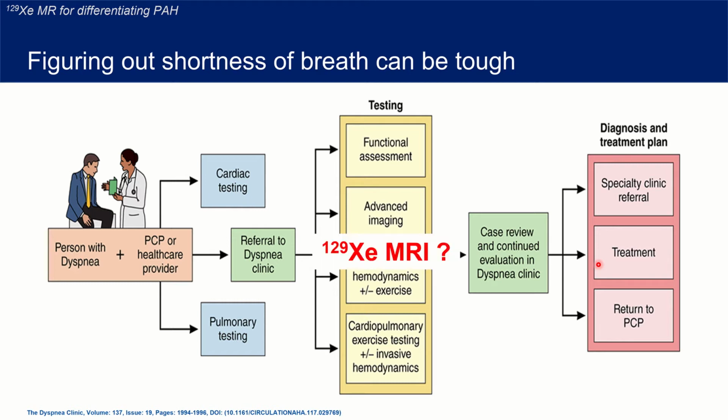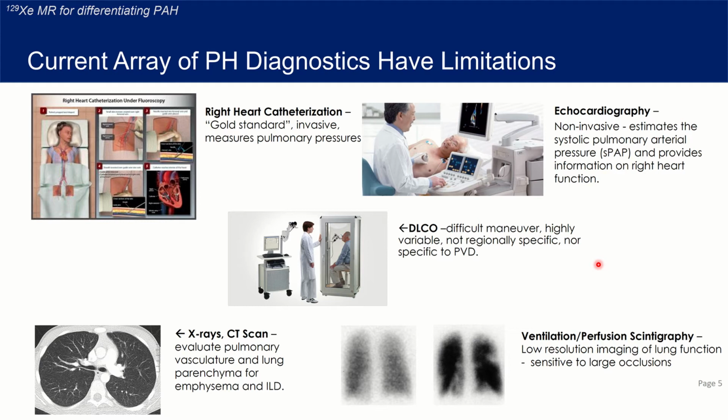Could a new technology such as hyperpolarized xenon MRI imaging be helpful in this situation? The current diagnostics that we have in pulmonary hypertension all have limitations. The gold standard here in your upper left is right heart catheterization. This is an invasive procedure where we actually go in with thin tubes into the heart and measure the pressures inside the heart. But at the same time, this is really lacking the physiologic context.